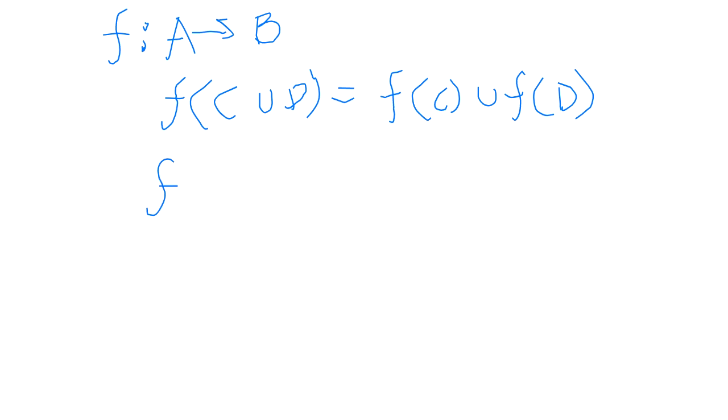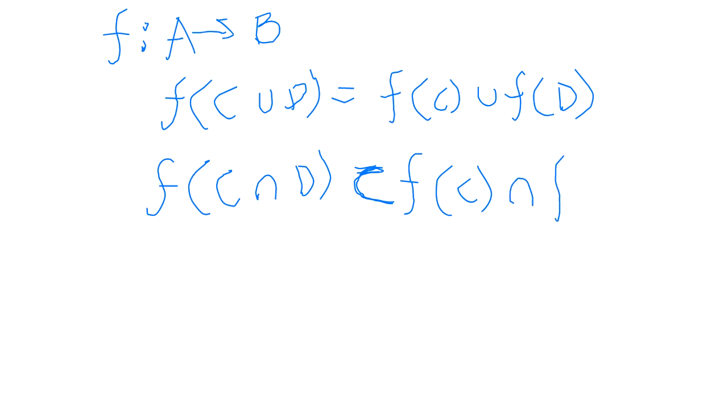The function of the intersection of C and D is a subset of the function of C intersected with the function of D. So it can be equal, but it's usually just a part of the intersection of those two.